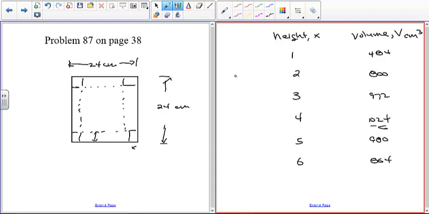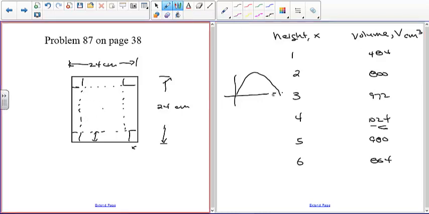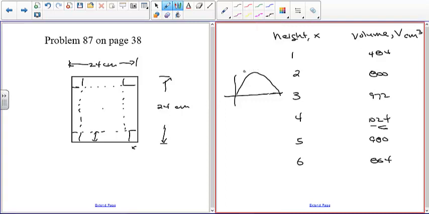So if you think about what does that look like, when the height is 0, you have 0 volume, and then it's going to go up, it's going to reach some maximum, and it's going to come back down. And at some point, if the walls are so high you don't actually have any volume, it comes back down again. And this point here is around 4 centimeters.